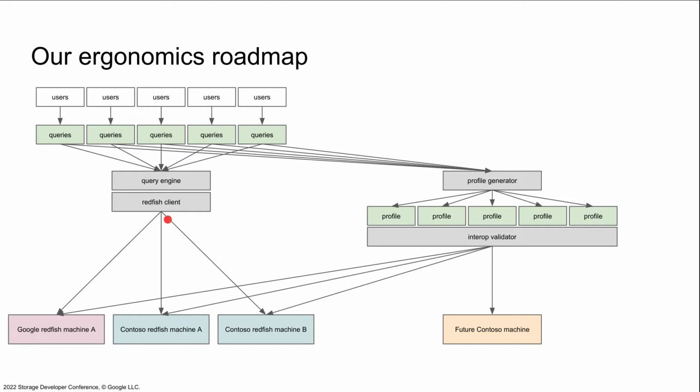And then on the opposite side, we take these queries and feed them into a Redfish profile generator that turns these into Redfish profiles so that offline, outside of production, we can use them for interop validation of the existing fleet, as well as to qualify interoperability with any future machines we would like to integrate into the Google fleet.